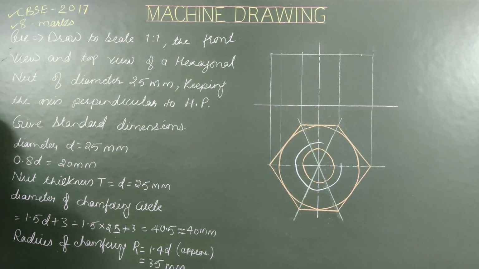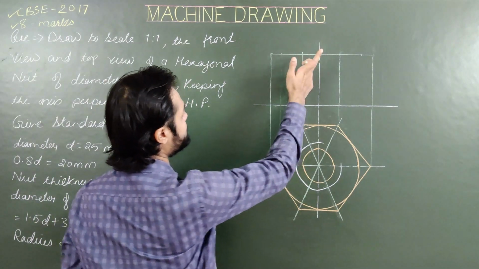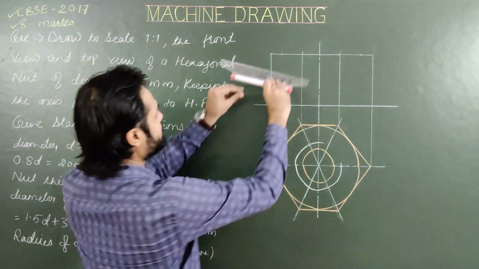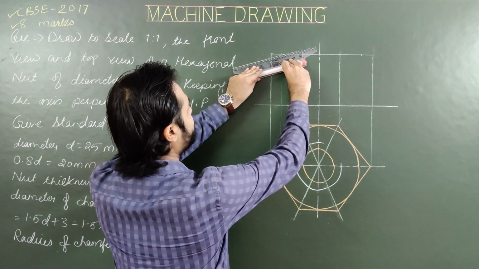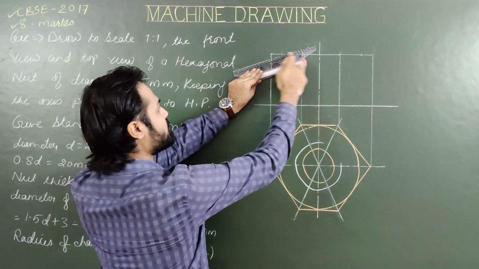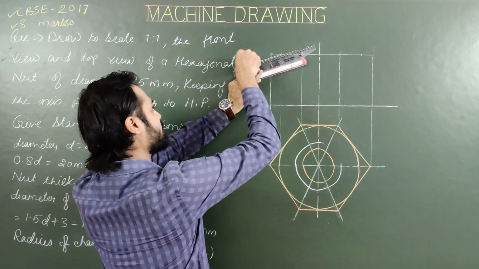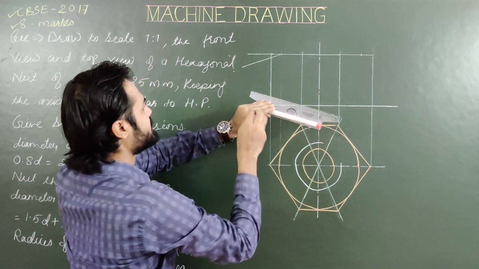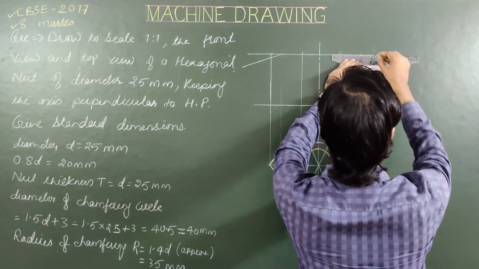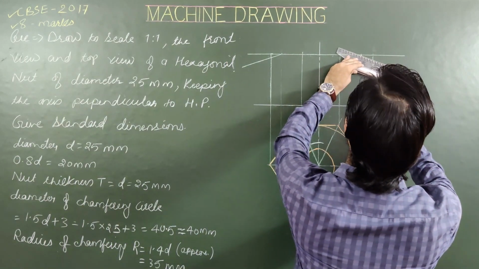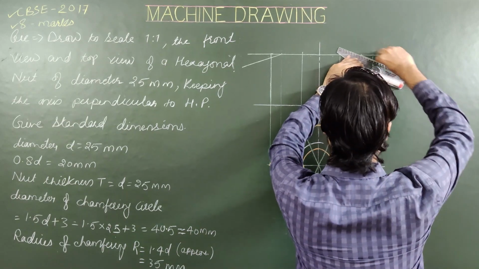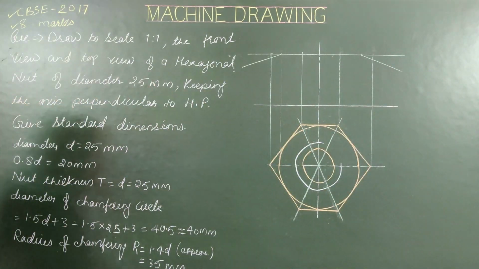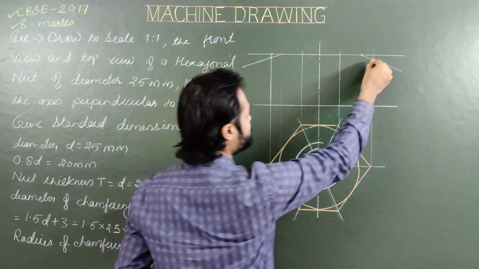Now from these points, draw lines at an angle of 30 from the top edge. This angle is 30 from the top edge. Again from the top edge, angle is 30. After doing this, you'll get these 2 points.